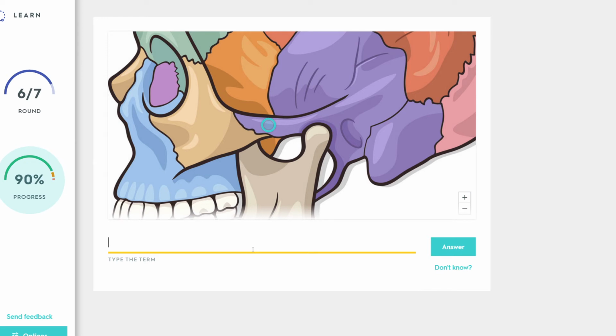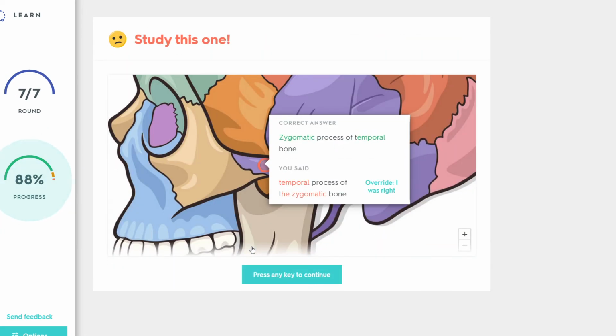That over there could be the temporal process of the zygomatic bone. Oh my word, okay, there is a difference. That one over there is the temporal process of the zygomatic bone. This one right here is the zygomatic process of the temporal bone. So it's part of the temporal bone.